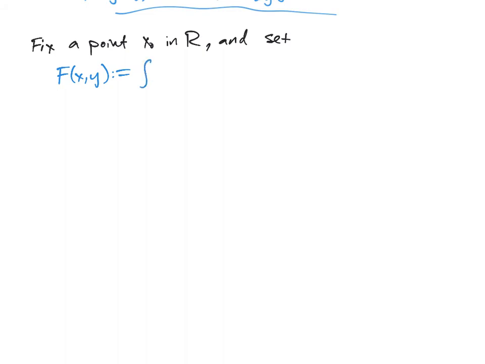So it's going to be the integral from our fixed point to the variable x of M of t, where t now is the dummy integrating variable. And then some function of y. And that function of y is defined by what its derivative looks like.